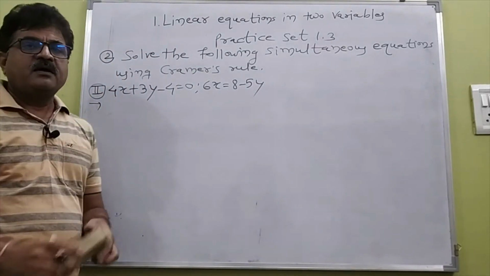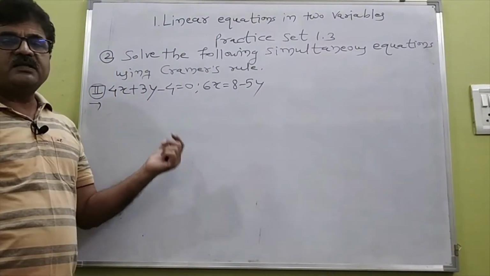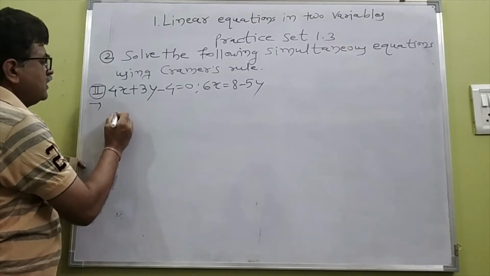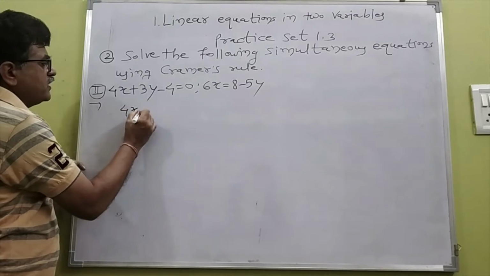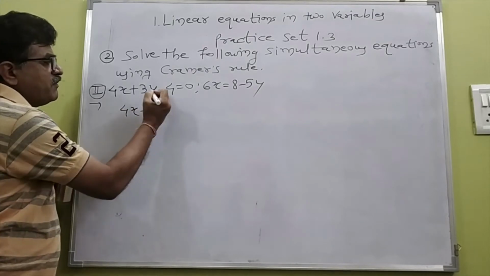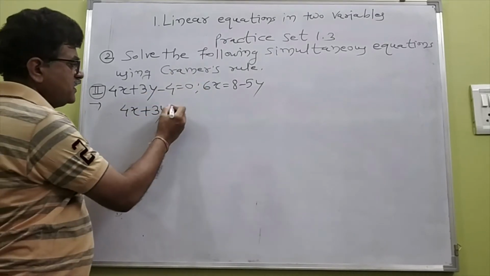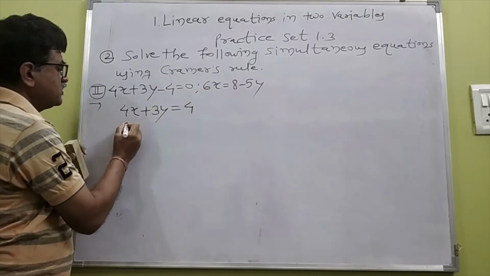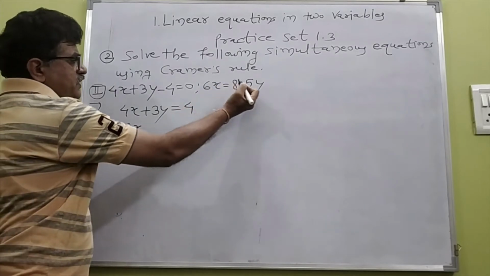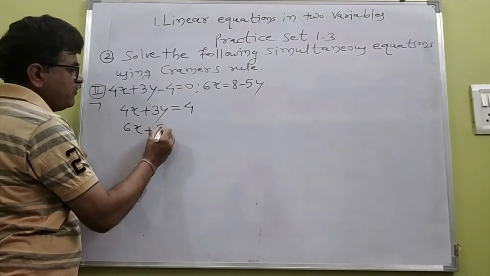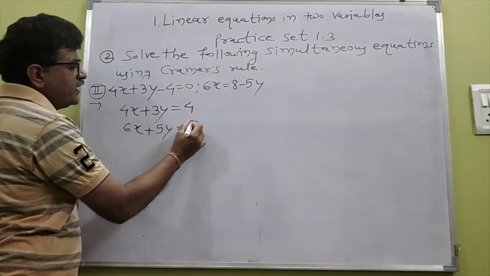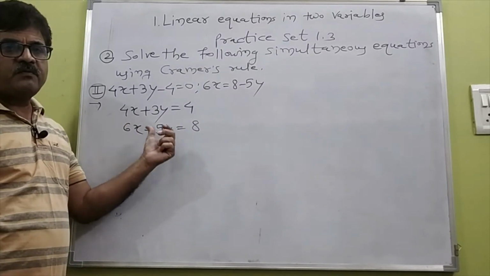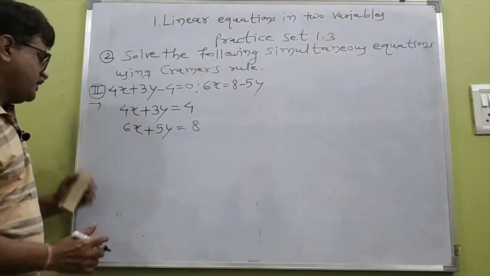First step is write down given equations in the form ax plus by is equal to c. Therefore 4x plus 3y minus 4 becomes 4x plus 3y is equal to 4, and second 6x plus 5y is equal to 8. This is first step, given equations in the form ax plus by is equal to c.